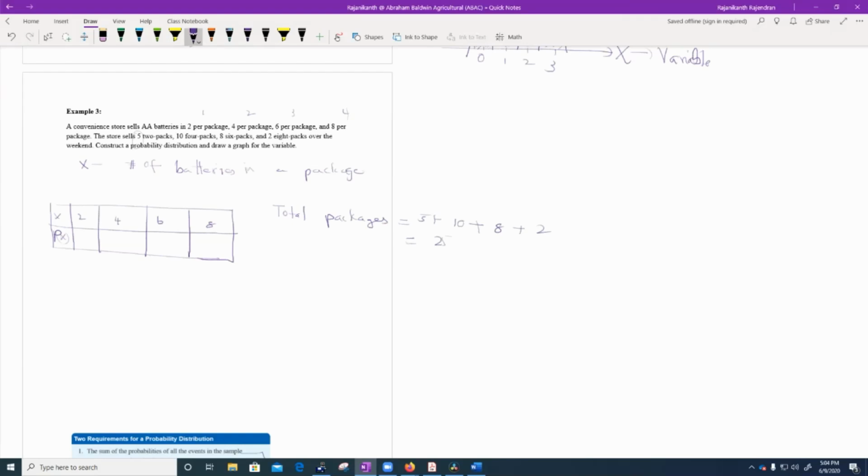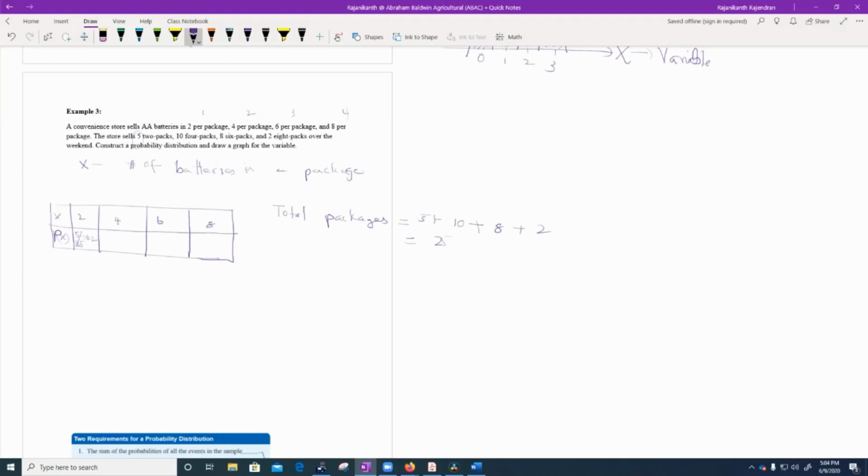So now I'm going to find the corresponding probability. So what is the probability of selling 2 battery packs? Well, there are 5 2-battery packs out of 25. Therefore, 5 over 25 will be 0.2, right? 0.2.